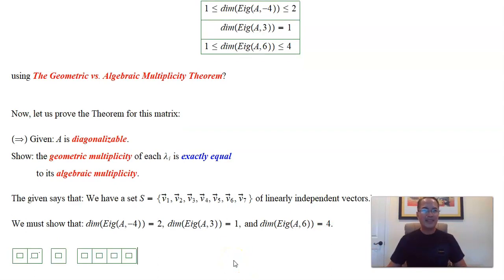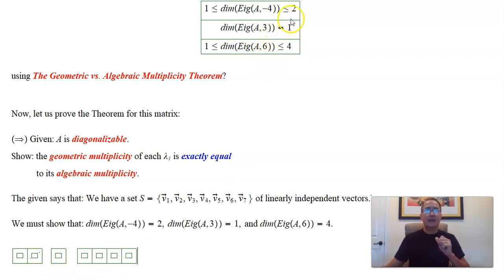So what we're going to do is kind of cute. I like this method of proof, because it's kind of like trying to fit 7 objects into 3 boxes and making sure that you have a snug fit. What do these 3 boxes represent? They will represent a basis for each of the 3 eigenspaces.